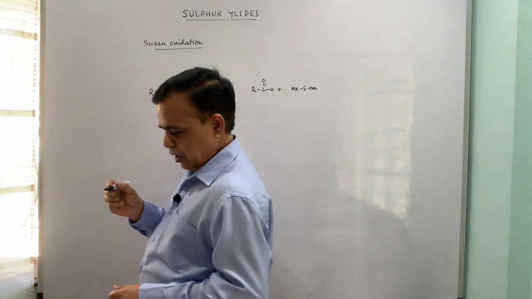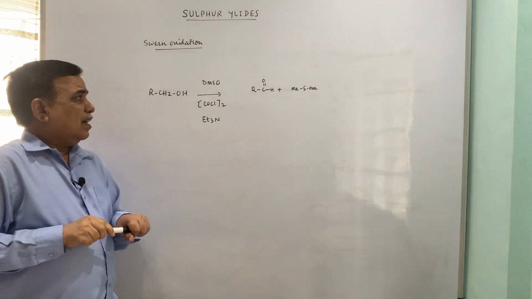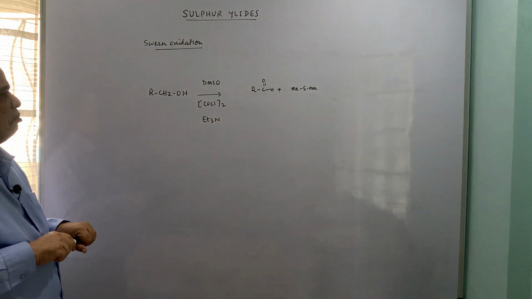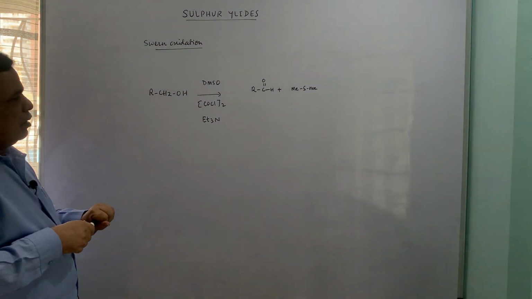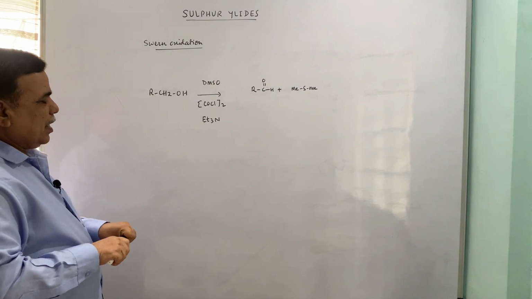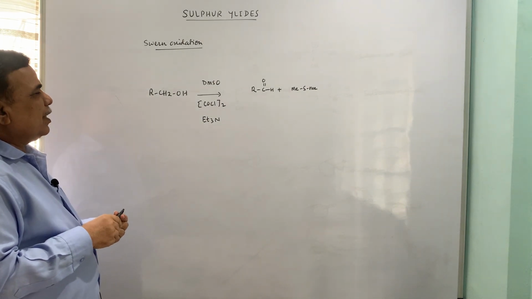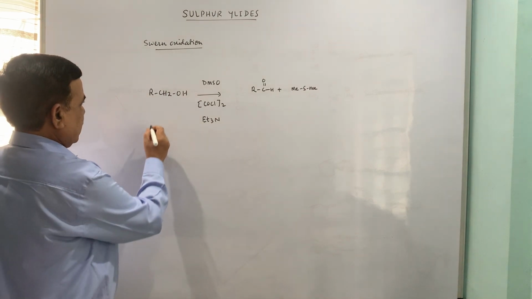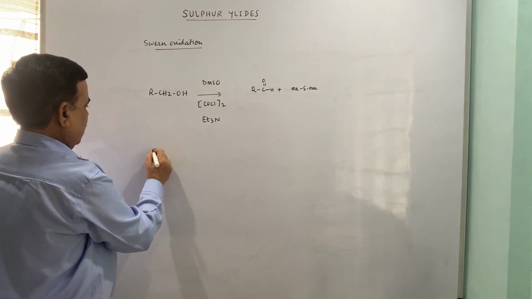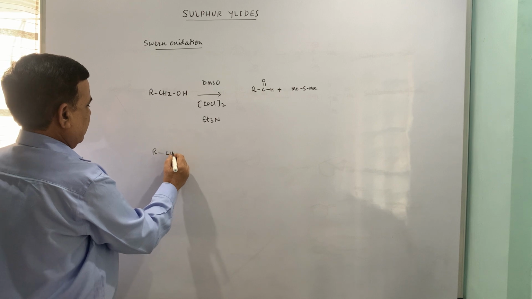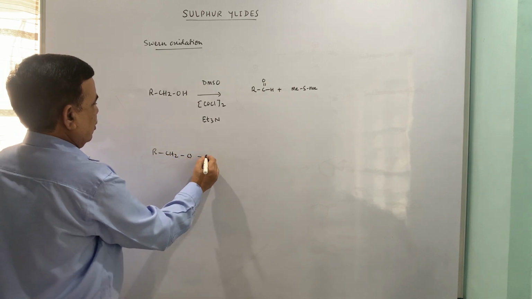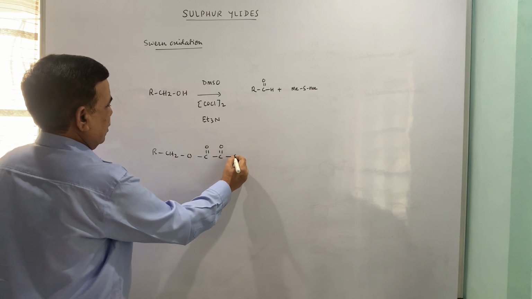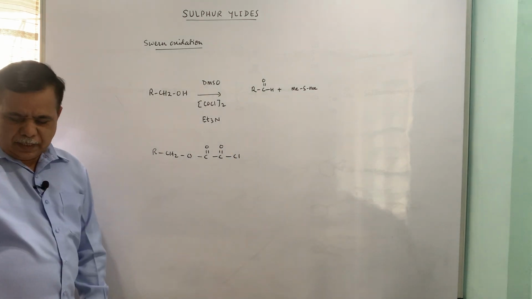Now since this is a name reaction, a lot of questions can be asked in the form of notes, in the form of numericals and so on. So first of all, this alcohol reacts with oxalyl chloride and you get the formation of this intermediate.